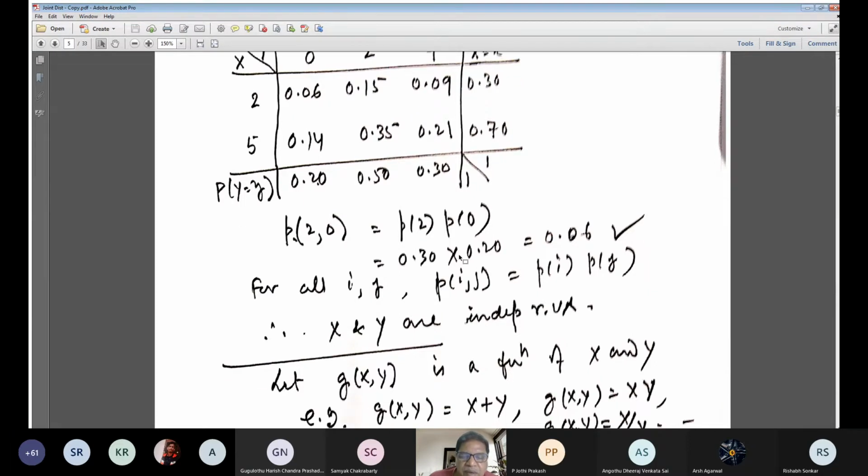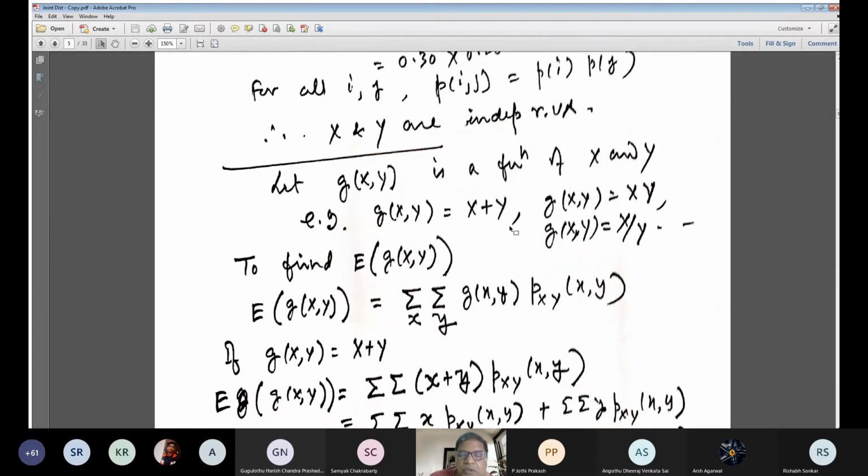But if any condition is violated, meaning at any place for some particular i and j, Pij is not equal to Pi and Pj, then we cannot say that X and Y are independent. So for independence, all Pij must be equal to the product of the respective marginal probabilities. Till this point we did yesterday.